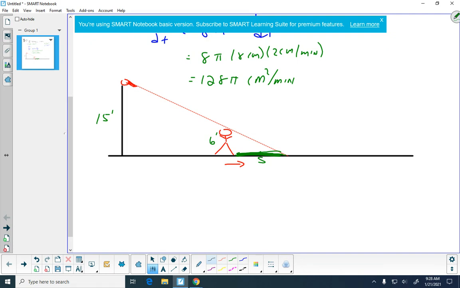And we're looking at when he's 40 feet away from the pole. So if we say this distance here that he is away from the pole is x, and from here to here is s.